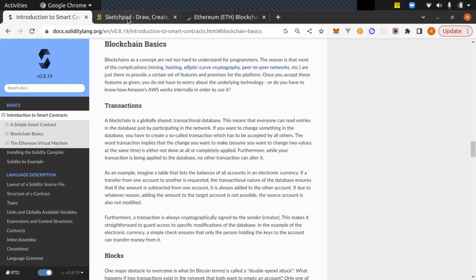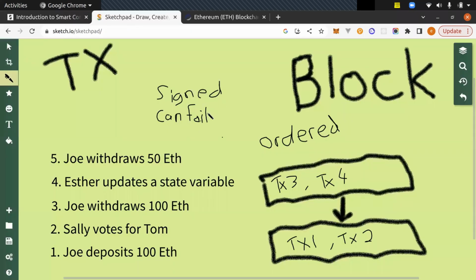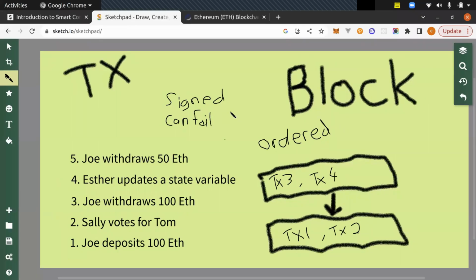So I have a little diagram for you here. When you think of the blockchain, we've heard it described as a distributed ledger. A ledger is basically a series of chronologically ordered transactions.